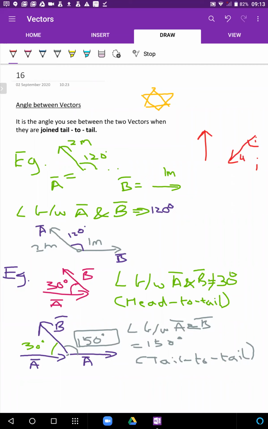क्या होगा इसके बीच में एंगल? ये दो वेक्टर्स के बीच में एंगल क्या होगा? सिंपल है ना? यस, करेक्ट.